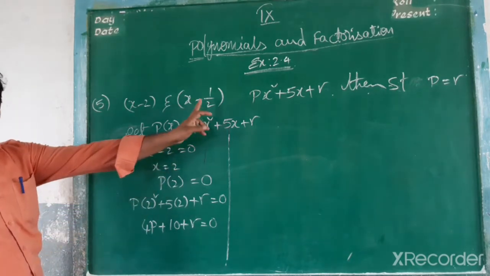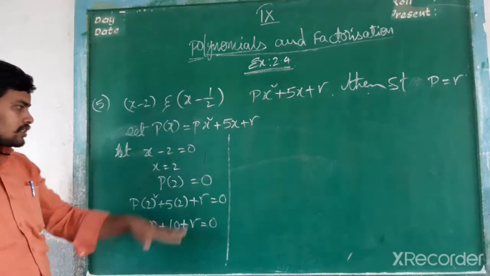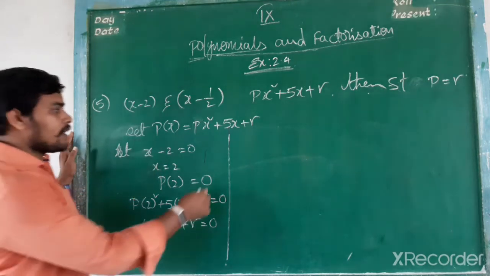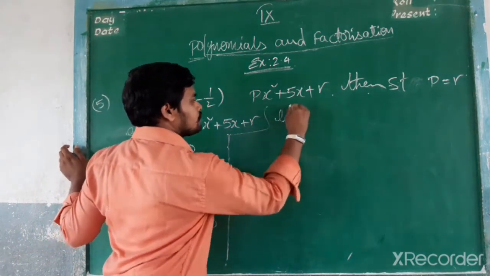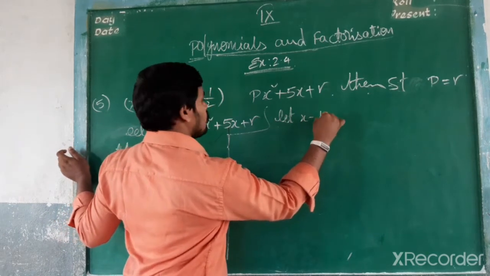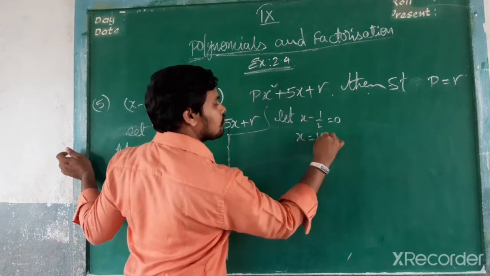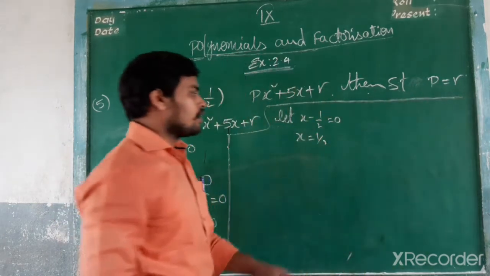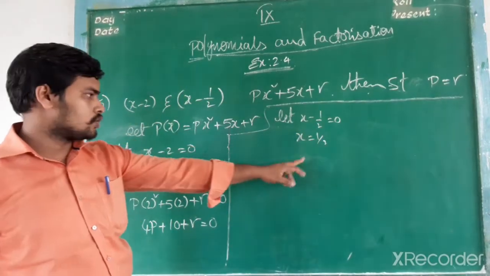Move on to x minus 1 by 2 is also a factor, the same process. But x we have to take as 1 by 2. Let x minus 1 by 2 equal to 0, x equal to 1 by 2. Simply substitute.